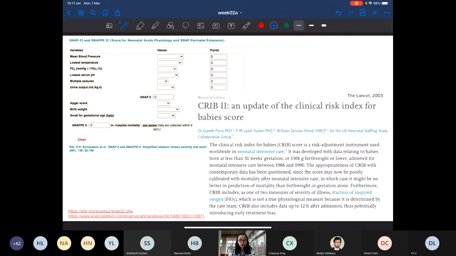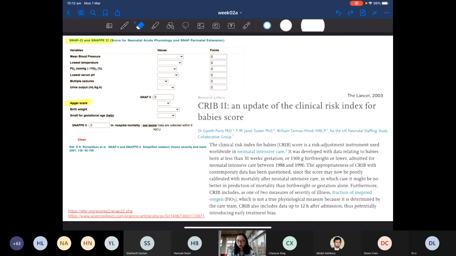For example, back to the topic of newborn neonatal risk assessment, right? So the APGAR score is a component to more advanced scores. I'm mentioning two of these, right? One is called SNAP2, and yes, different versions. SNAP has APGAR score as a component, and it has a number of other more detailed measurements.